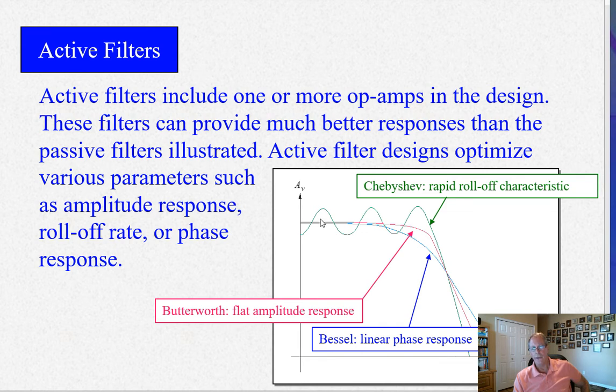But the phase response, in other words, the phase angle between the output and the input, is constant through frequency. So if you have a 90-degree phase relationship, in other words, the output is 90 degrees out of phase with the input, at 1 kilohertz, at 10 kilohertz, the output's going to be 90 degrees out of phase with the input.